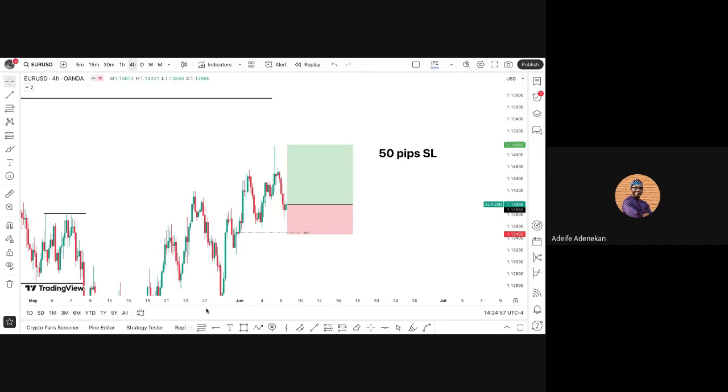Let's not forget that our equity, which is the same thing as capital for those that don't know that, is $10,000, right? Now you've done your analysis, you're a very conservative trader. You're like, whatever happens, I don't want to lose more than 1% of this $10,000. So 1% of $10,000, if I'm not mistaken, should be $100.